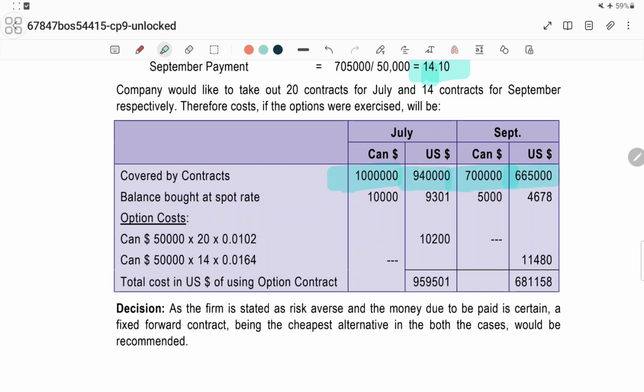How? Using the strike price. Very simple, 0.94 and 0.95, the strike price, because it's a call option strategy. The balance had to be bought at the spot rate, which is the forward rate. Now this is given in the question, exactly the wordings were in the question. So that's the forward rate used for the balance. So you had the US equivalent dollars for this also.